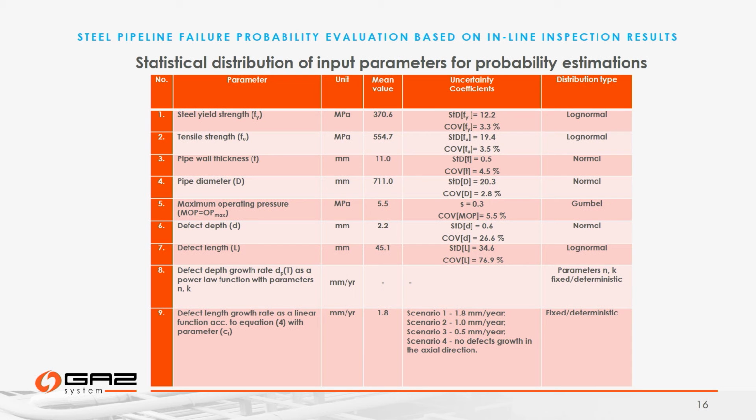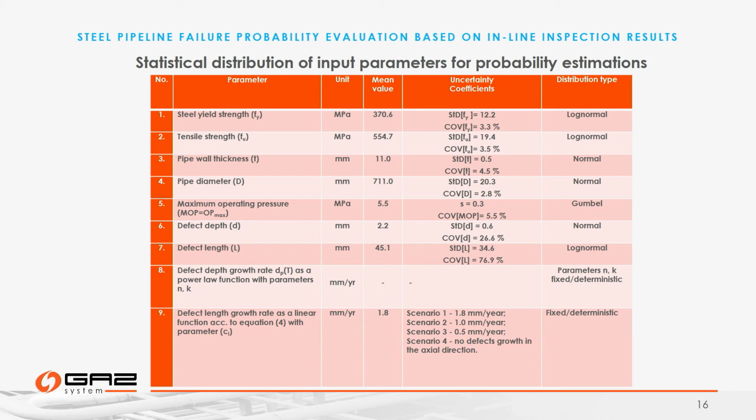And these uncertainty coefficients, coefficient of variation and standard deviation, were derived from the manufacturer of pipes, data from the manufacturer of this pipeline.